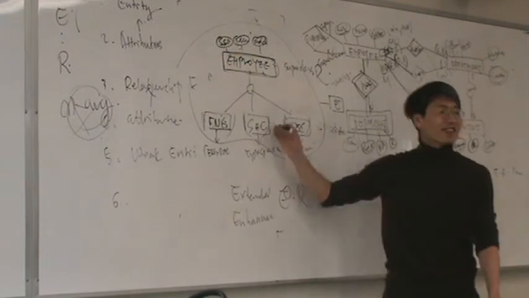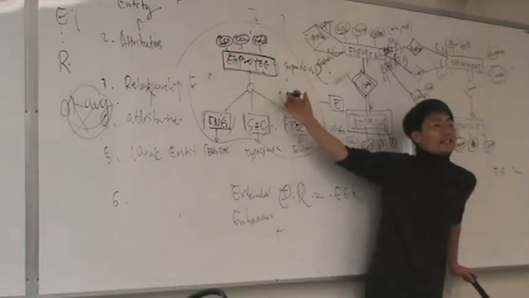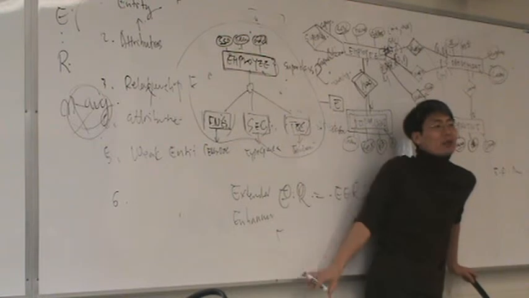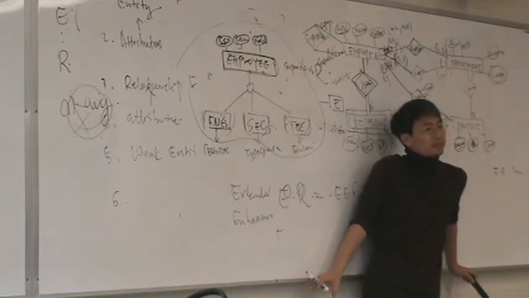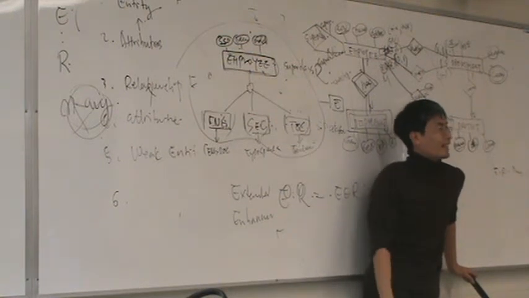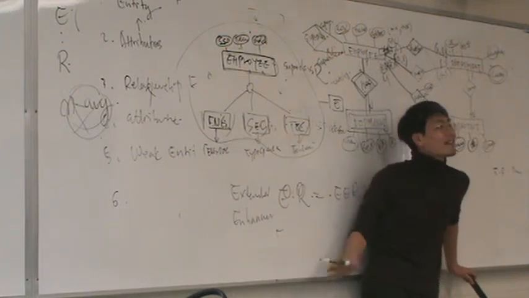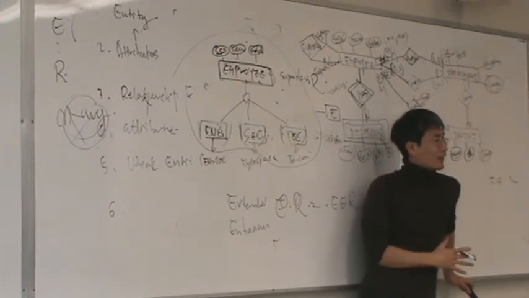Right? Then it's clear. How many entities do we have in this? Employee, super, and subclasses. How many entities? One. It's one entity, but it has 4 classes. Superclass and subclasses.